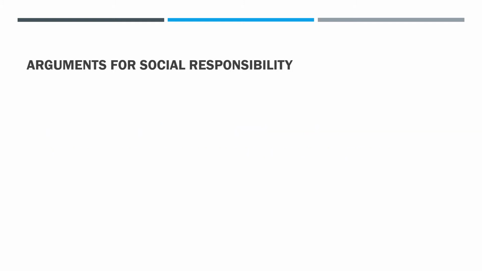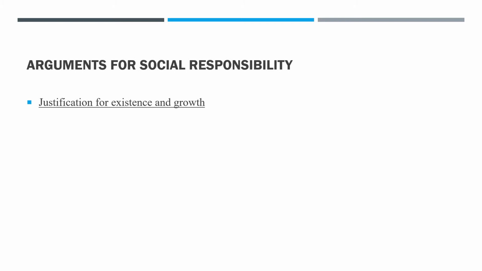So first we will understand the arguments which are in favor of assuming social responsibilities. Justification for existence and growth. Business generally exists for providing certain goods and services to satisfy certain human needs, and thereby a business generates its profits.